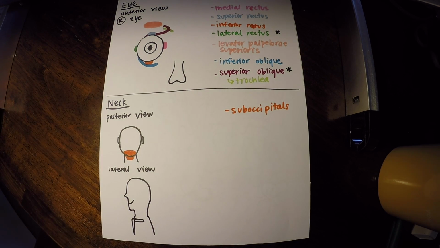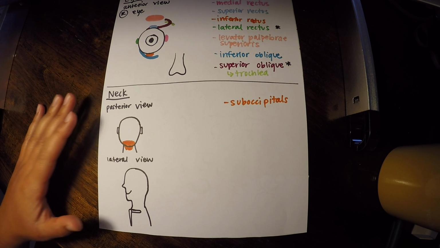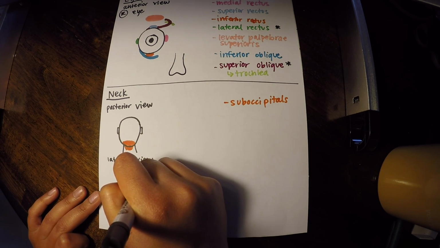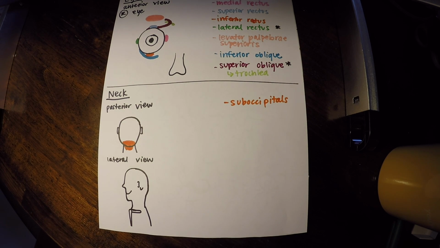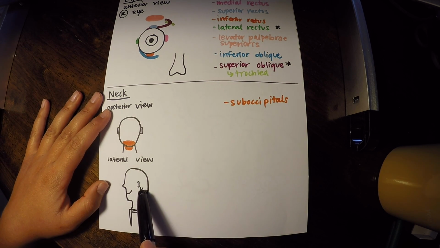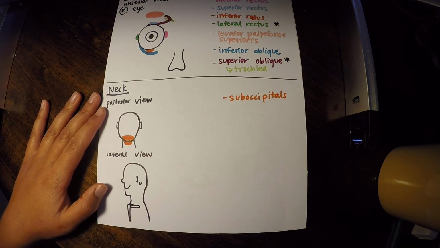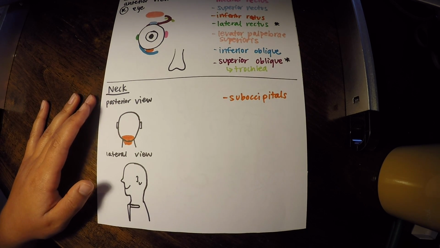Alrighty. So I'll explain what these little things are in a moment, but I'm going to give him an ear, and that is actually going to be our mastoid process right below the ear. Hopefully you remember that from our skeletal system lecture on the skull.